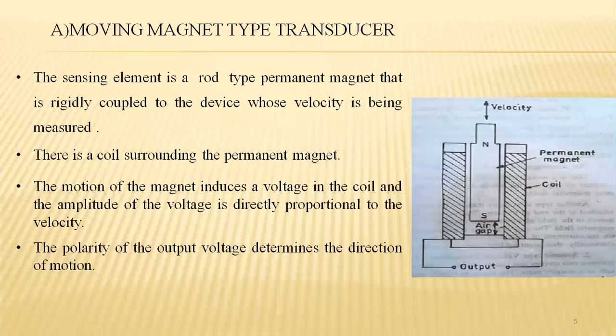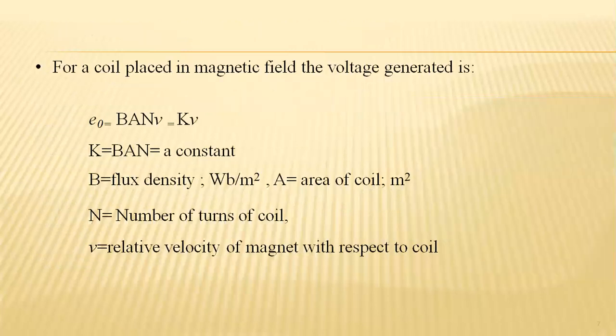Here, the polarity of the output voltage determines the direction of the motion, and the polarity means either north or south pole. Basically, the direction is specified with respect to the fixed polarity levels in the equipment.